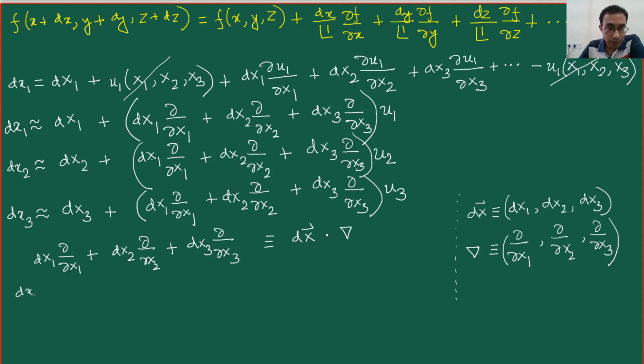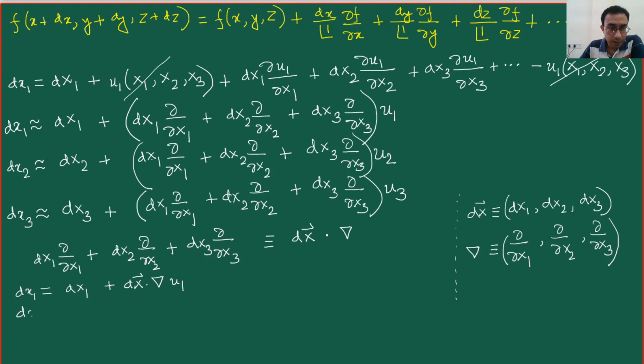So d small x1 is equal to d capital X1 plus dx vector dot grad u1.